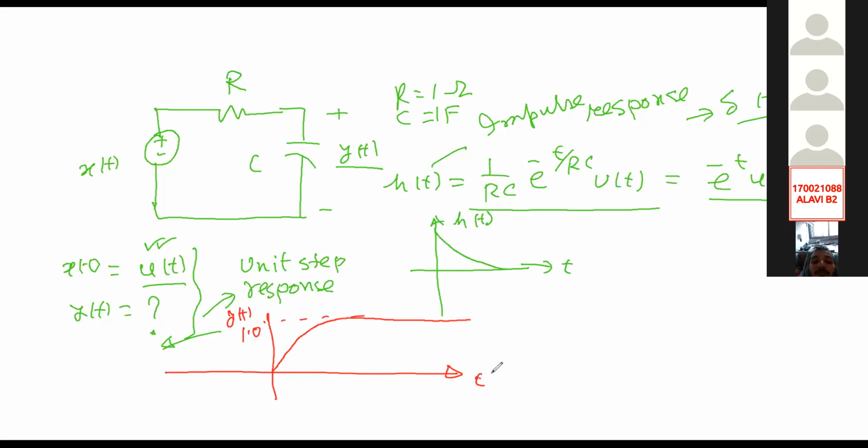Now let us start finding the response. For example, the response is found by using convolution. You have your two signals x(t) and h(t) given.